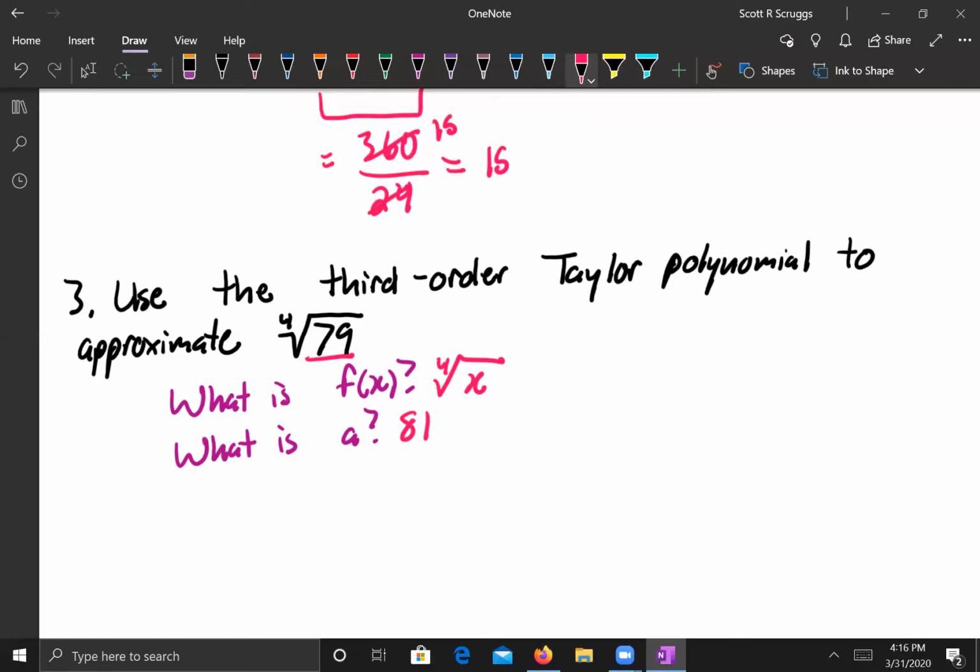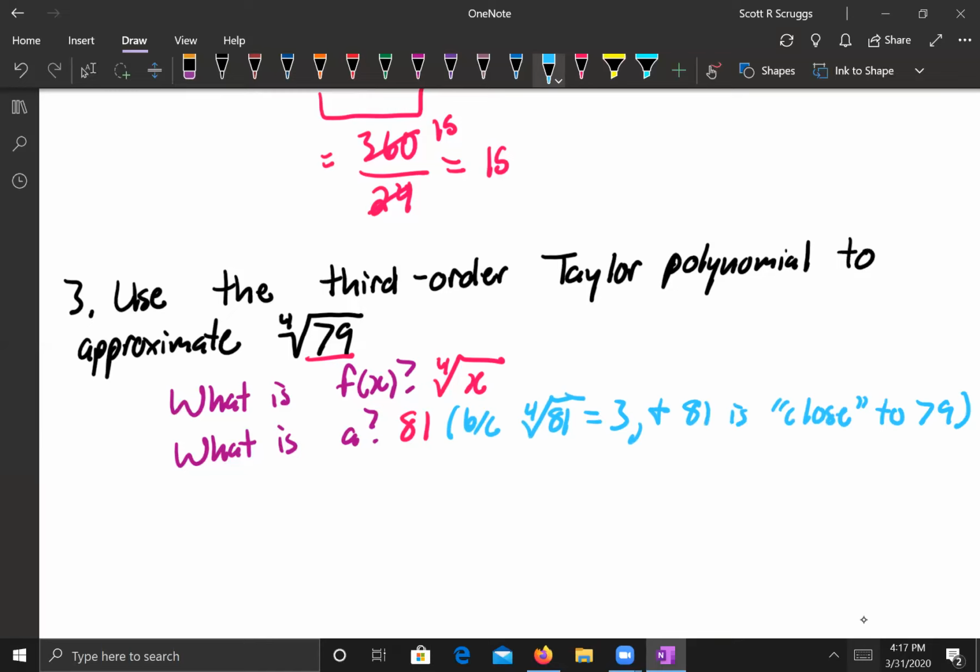Oh, I get it, Anthony. You went ahead and took the fourth root of 81? Yeah, okay. So yeah, and let me make that note. Because it's easy to calculate, and 81 is close to 79.